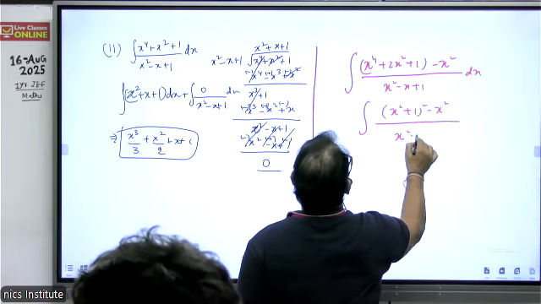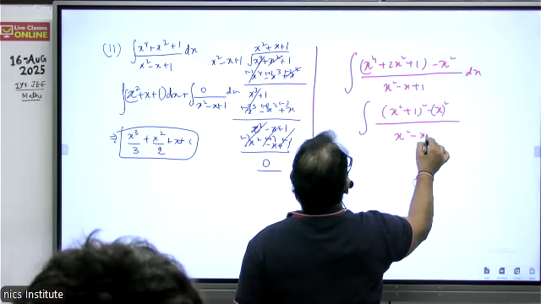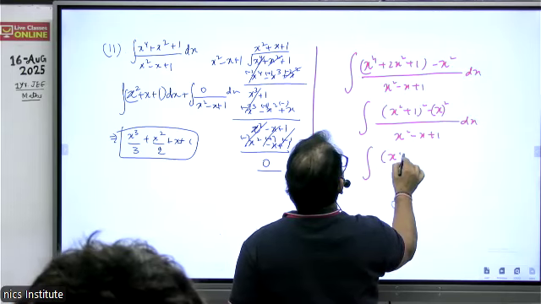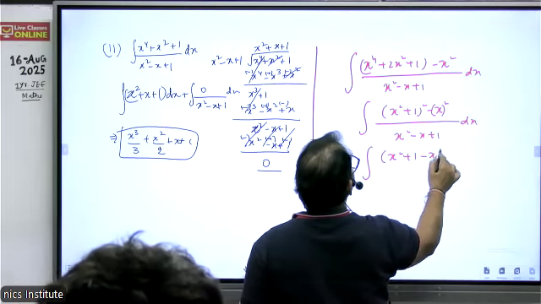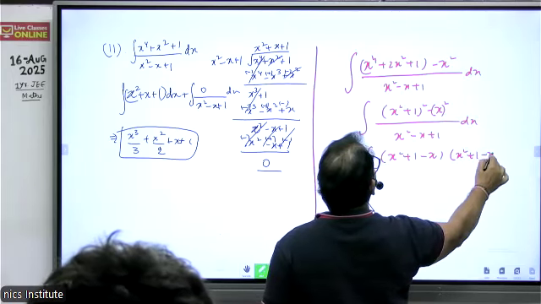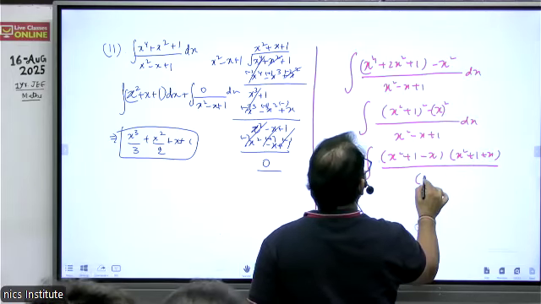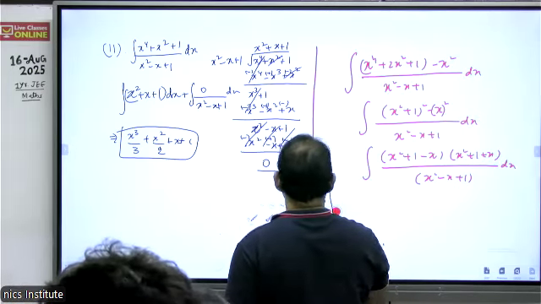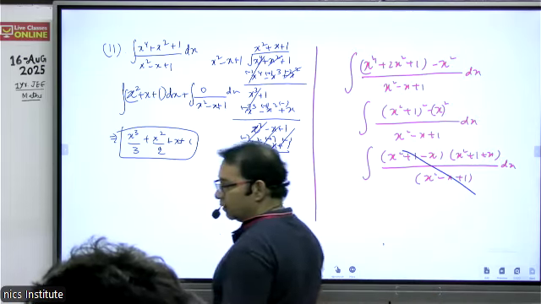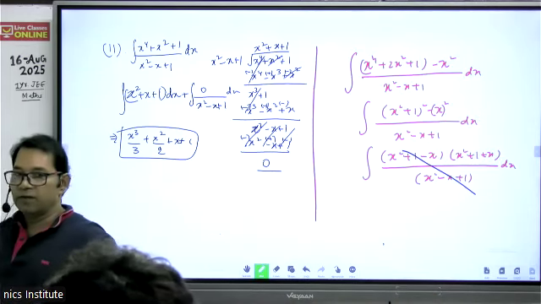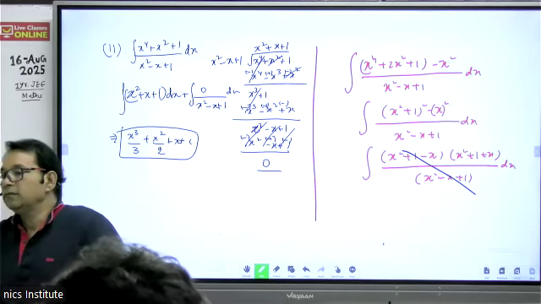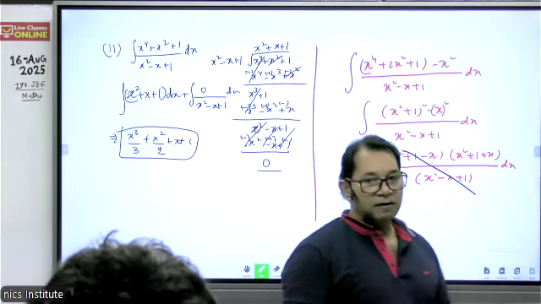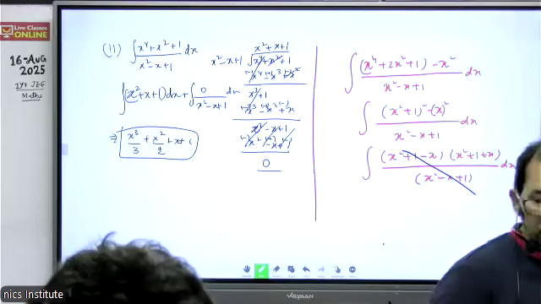Then you can apply the a square minus b square identity in the numerator, which is a minus b and a plus b. So one factor will cancel out and then you integrate. It's similar to long division. So either long division or factorize it by some simple manipulation.